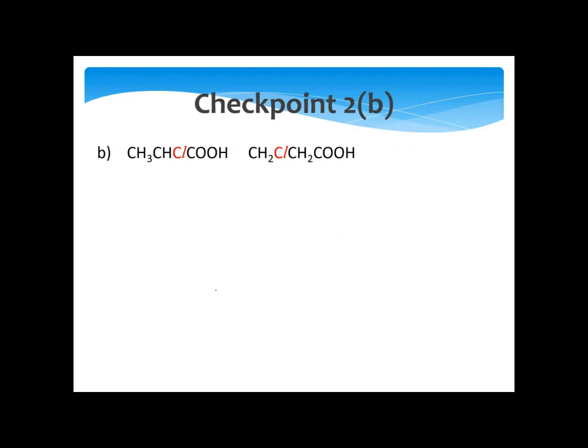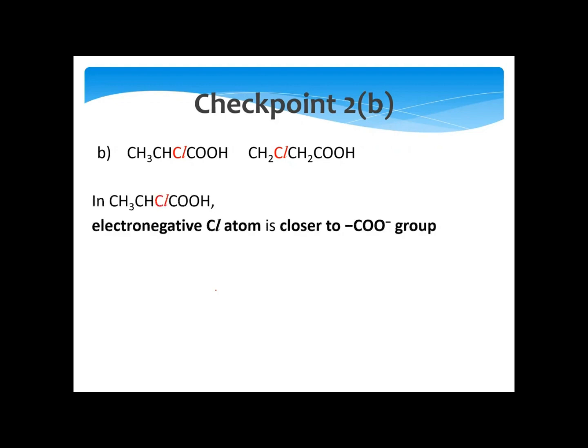So where lies the difference then? The difference is that for CH3CHClCOOH, the first carboxylic acid, the electronegative Cl atom is closer to the COO minus group. So the difference is the proximity of Cl to the COO minus group.